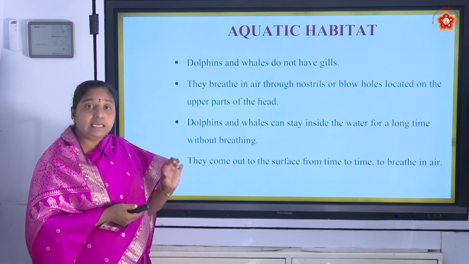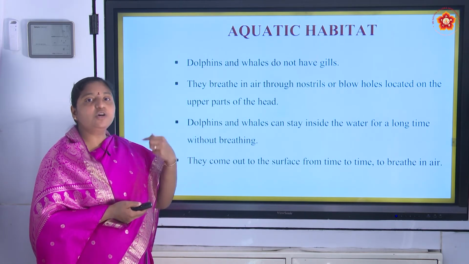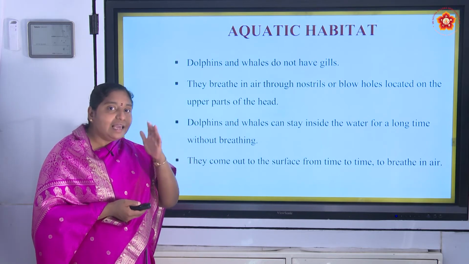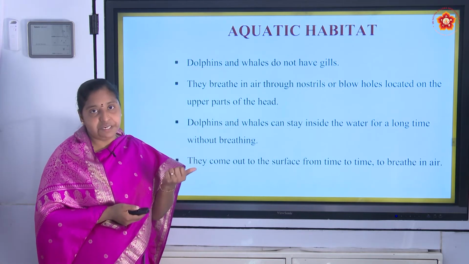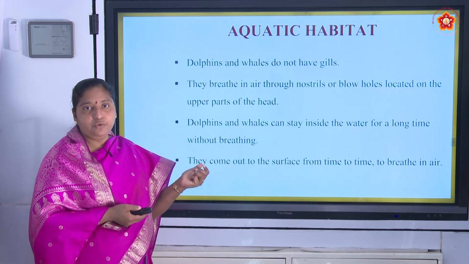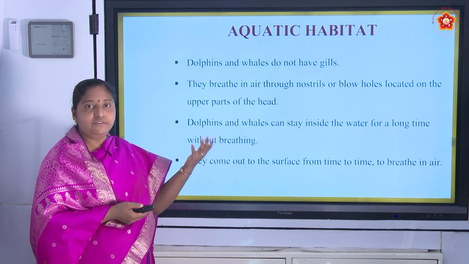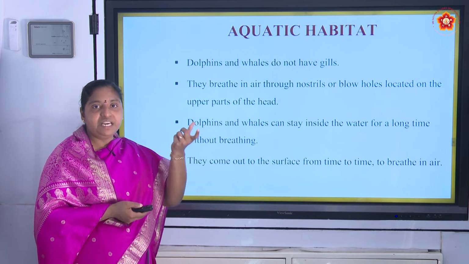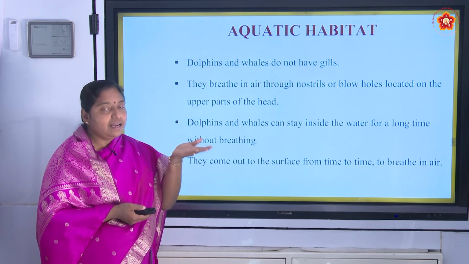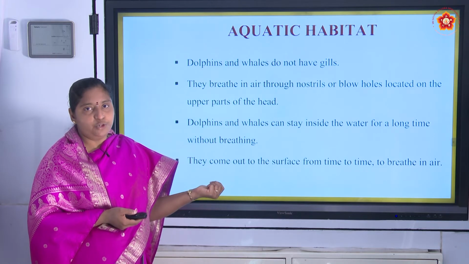But these animals don't have gills, they have nostrils. So they have to come out and take air which is present in the atmosphere. You might have seen this when you go to the beach, the dolphins and whales coming out, taking in the air, and again going inside.